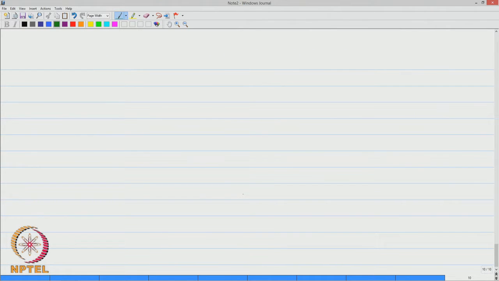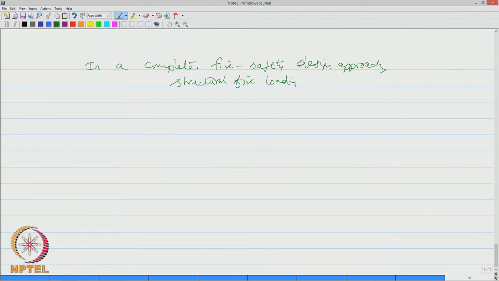To be very specific, in a complete fire safety design approach, structural fire loading is determined as the quasi-permanent portion of the variable load.